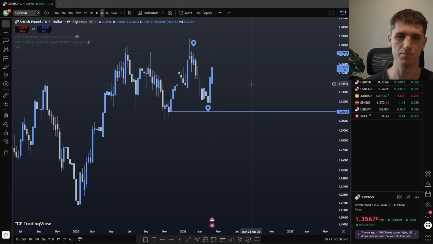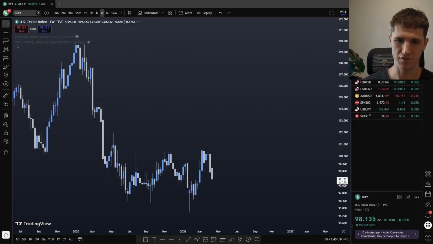And obviously, considering what's going on in the world right now with the war and the Strait of Hormuz not being open and how that's affecting supply chains across the world, there's a lot of uncertainty. Obviously, the dollar is the most affected pair.